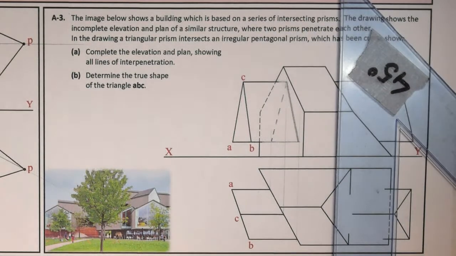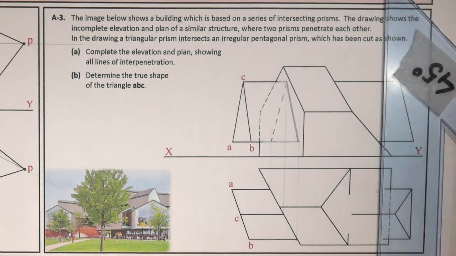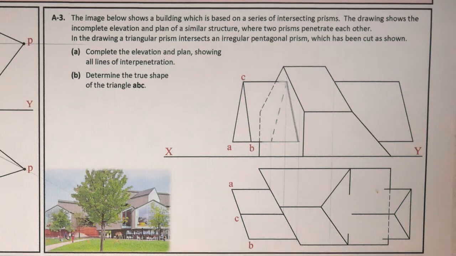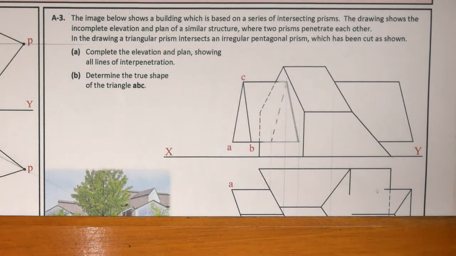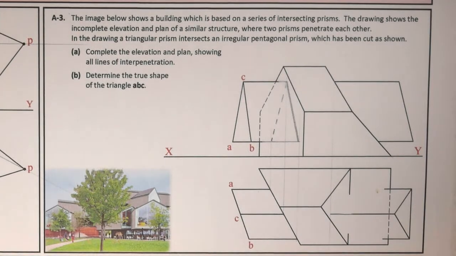Over here then, we'll be using a combination of limits. So the top edge, I can see that running in, and it's on that surface, so I can drop that down and across. So that is going to be that edge.